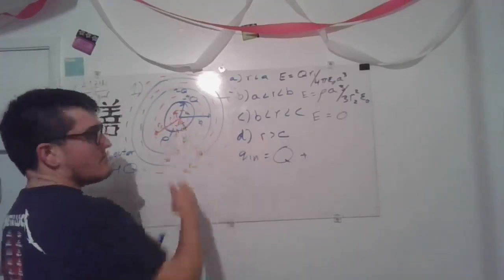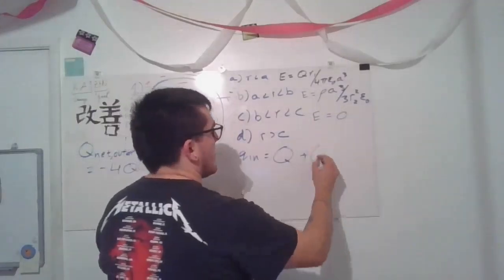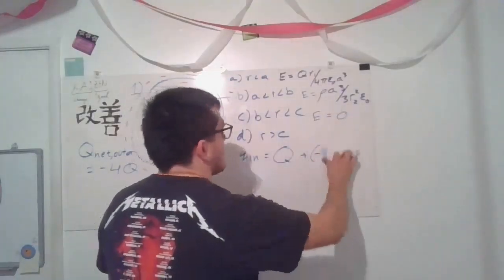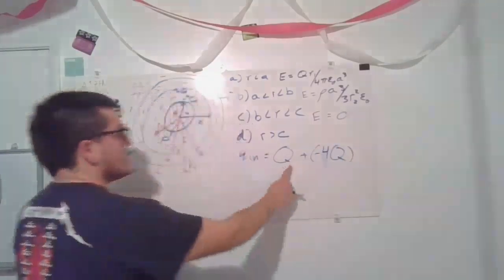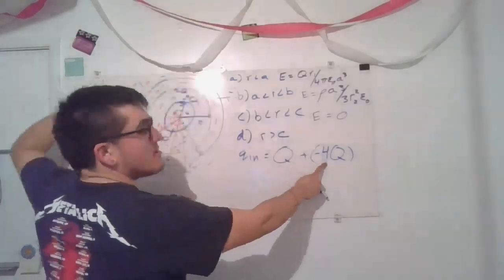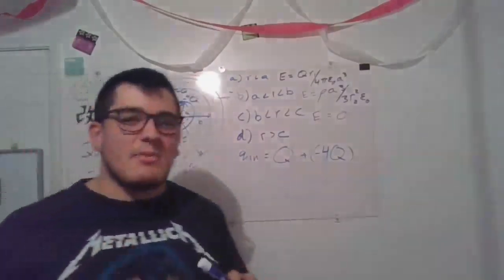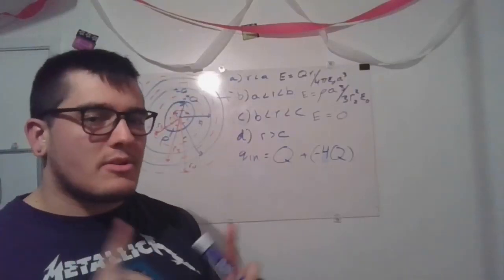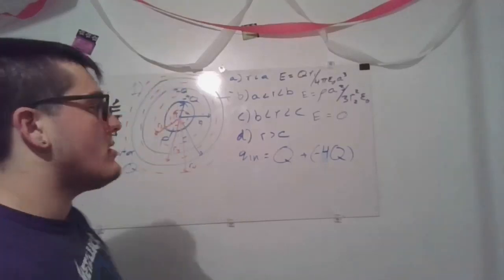I have a positive Q, and I'm going to add a negative, not 3, a -4Q. That's this charge due to the insulating sphere and this charge due to the conducting hollow sphere. That would be the easy way if you're given Q. However, usually you're not given Q, so this can become a little more involved.